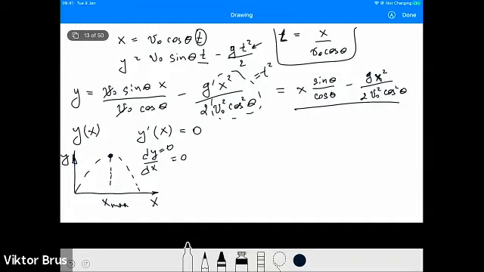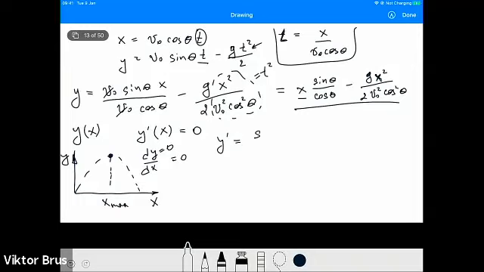This helps us to define the maximum of a function. So we have this function, y versus x, and let's take the first derivative of this function. What will y prime be? Here we have x, and sine theta and cosine theta are constants.